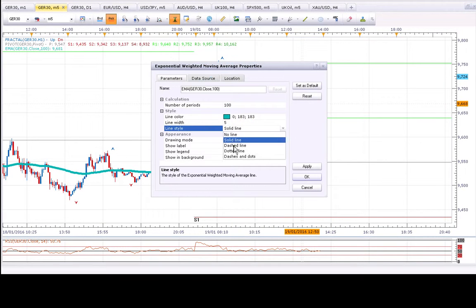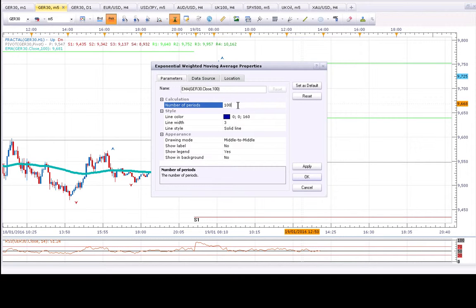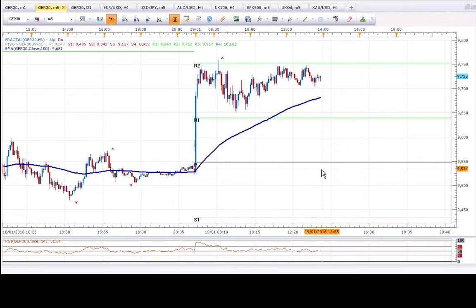You can change the type of line. And with moving averages, they're pretty basic. They're just lines. You don't need to do a great deal with them. They're just there to guide you. So let's just say we've gone with that. It's quite contrasty, but it shows you where it is.